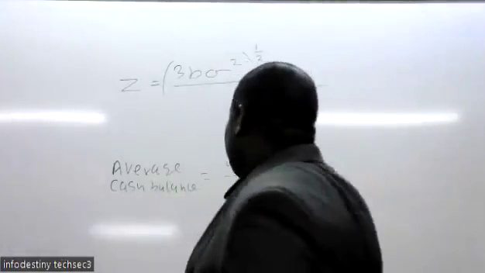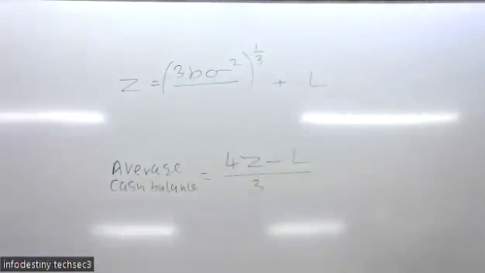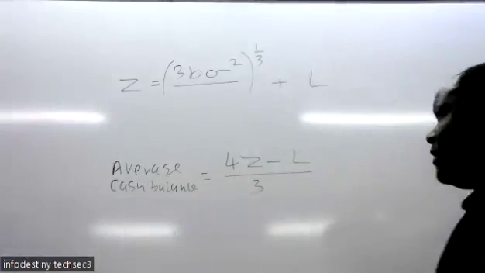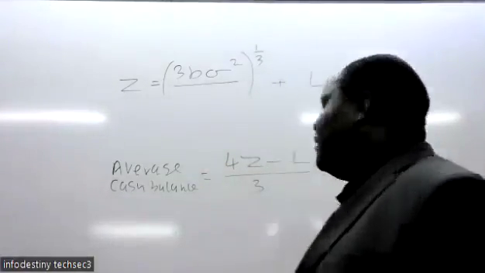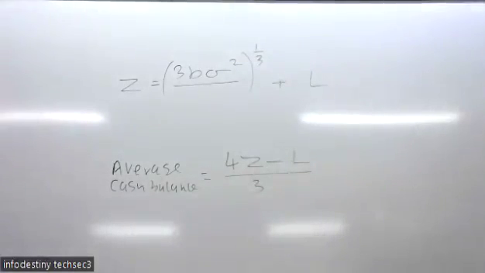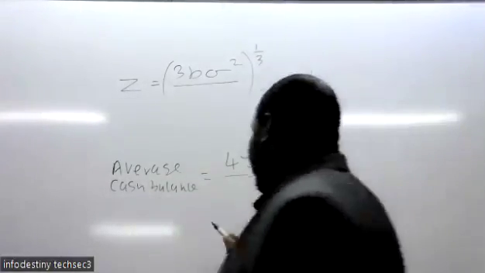So when you are using the Miller-Orr cash management model, it is simply 4Z minus L, divided by 3.